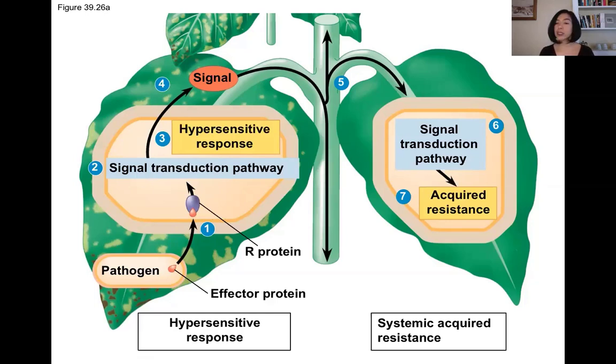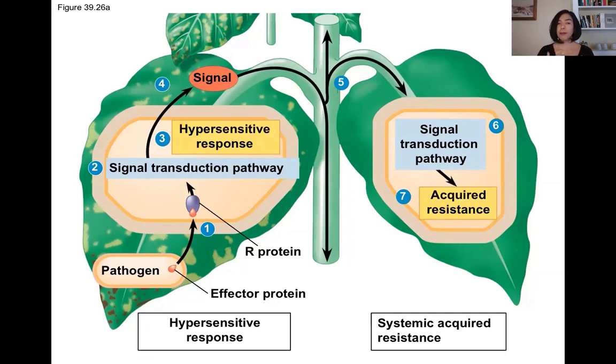It can produce certain chemicals depending on what pathogen is present. And then we'll have the death of the cells around this pathogen. So that will block the pathogen, but we can also have an increase of the toughness of the cell walls. So that will prevent more pathogens from attacking this plant.